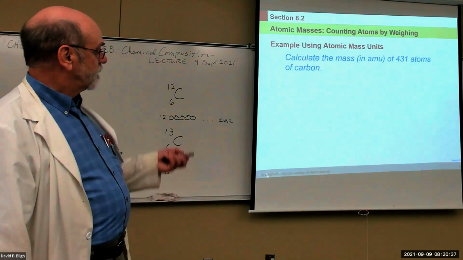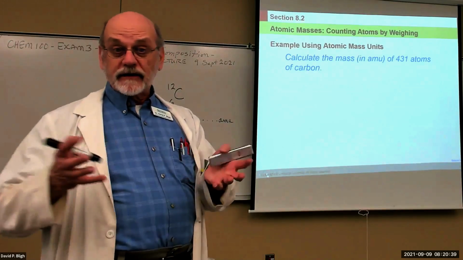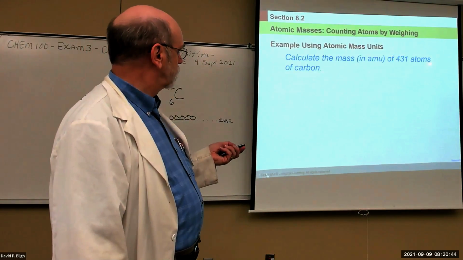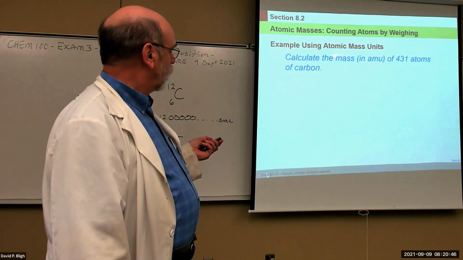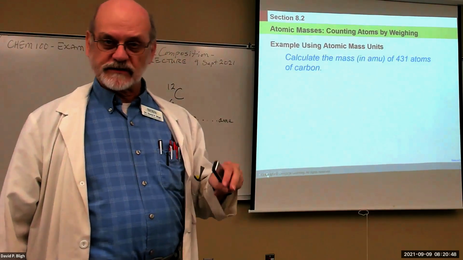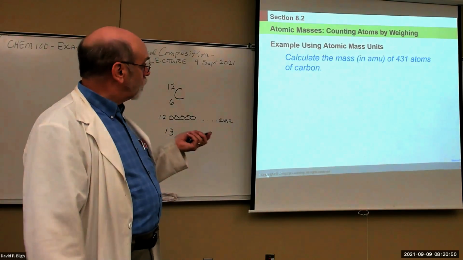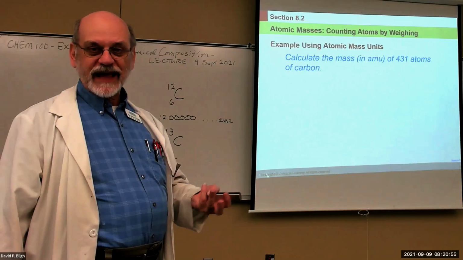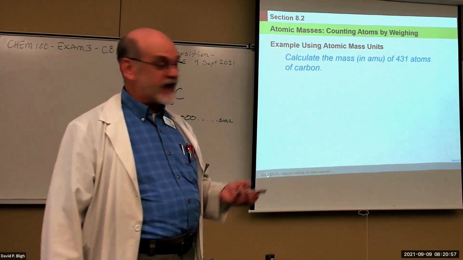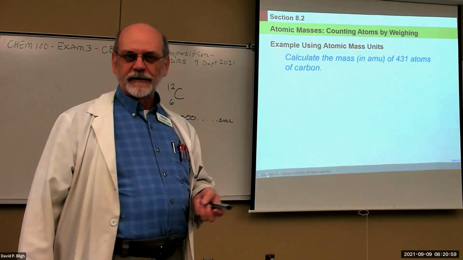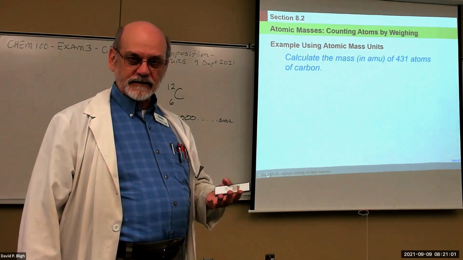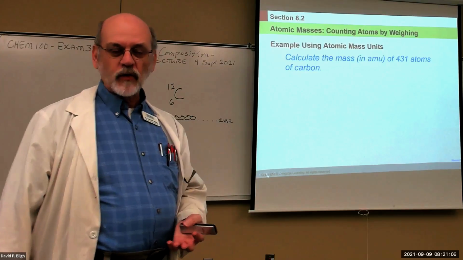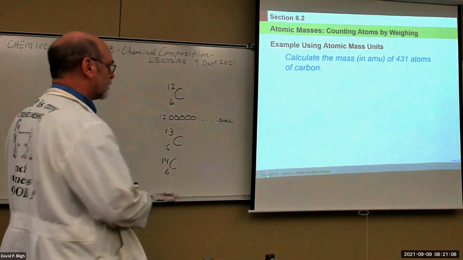So if we have, let's say theoretically speaking, 431 atoms of carbon, what's the mass in atomic mass units? Well, we don't know. It didn't say that there were carbon 12s. So we can't say that's 12 units per atom and multiply by 431. We have to assume that it's a mix, and the average is 12.01. So we multiply 12.01 times 431.